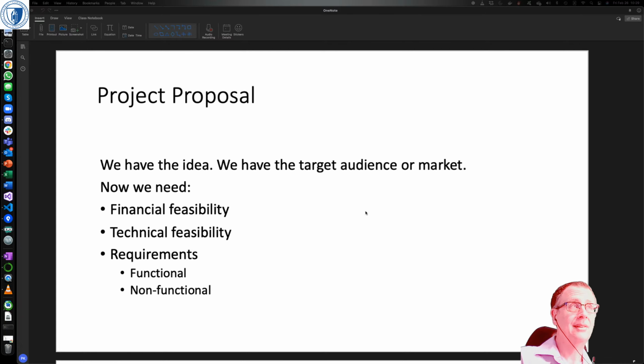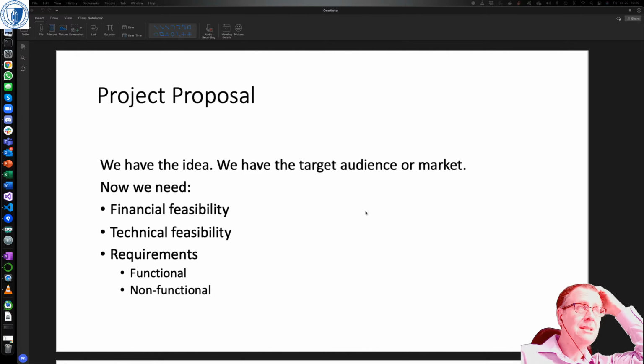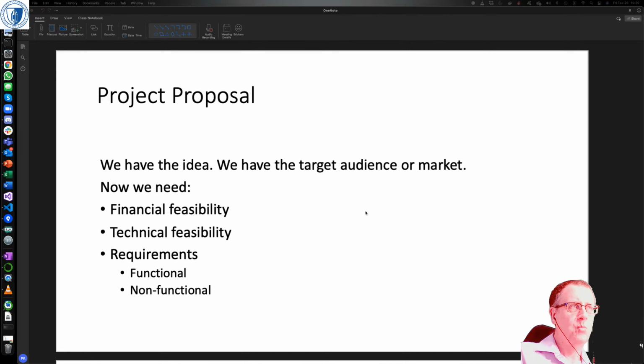The next thing is, is it technically feasible, right? Is what you're proposing, and we need to nail that down a little bit more first as well, but is what you're proposing technically feasible?